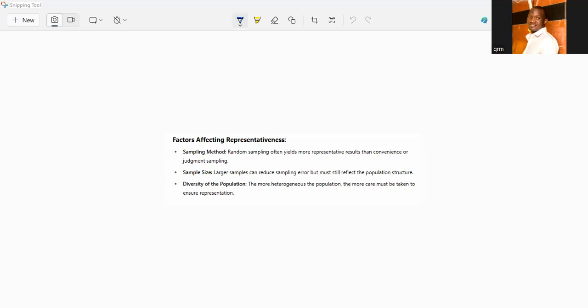It's cheaper. We have judgment or purposive sampling, where you pick people who represent a group very well. It is better than convenience because it is subjective. For instance, you want to pick people who only have experienced COVID or people who have a master's degree, okay? Because they are the people that matter.